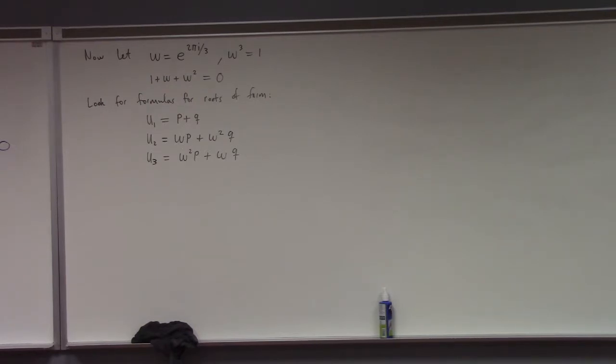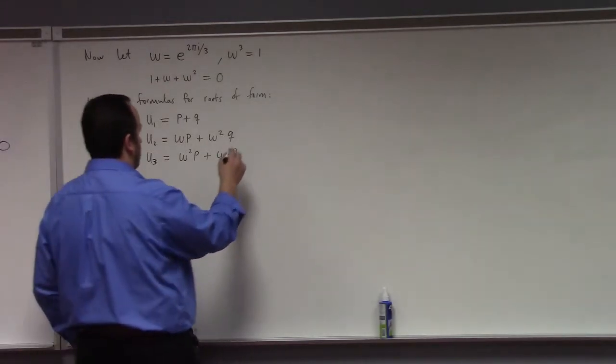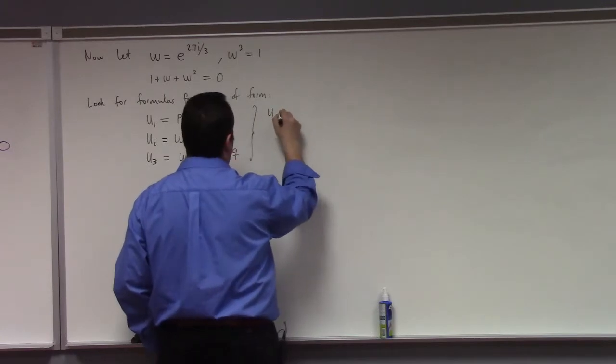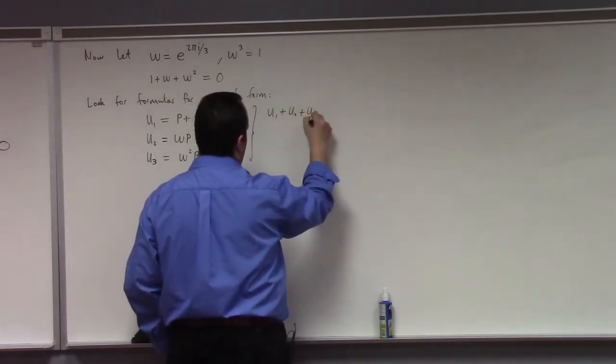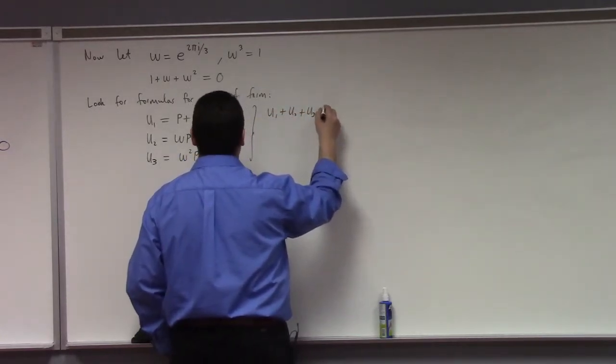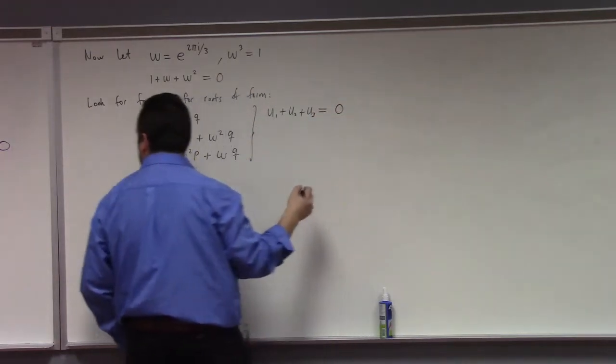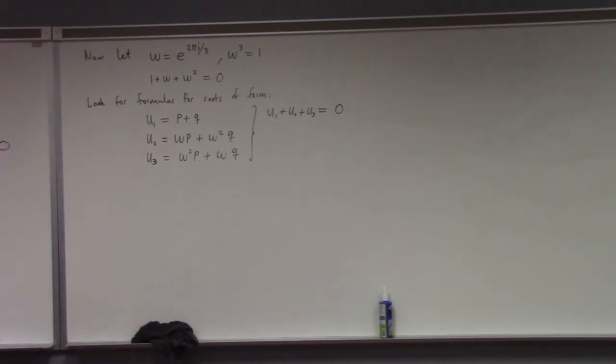Well, if you add u1, u2, and u3, that's just p times 0 plus q times 0, because that's p times 1 plus omega plus omega squared. So u1 plus u2 plus u3 is 0 by your observation that it's the coefficient of x squared.